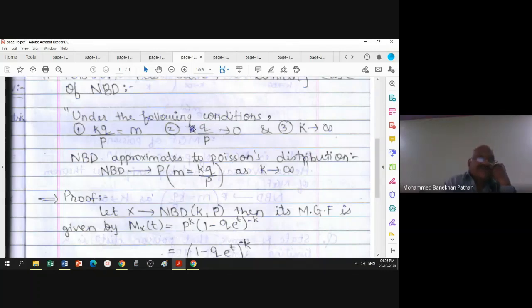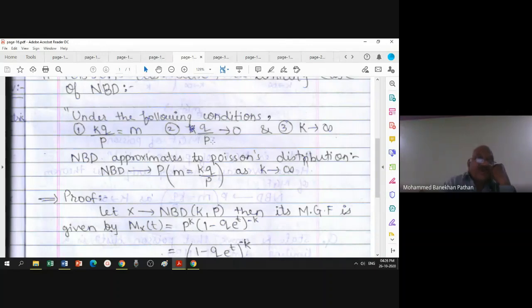So how to make a physical interpretation of this? p is nothing but the chance of success. q is the chance of failure. So if I want this ratio close to 0, in my random experiment, the chance of success should be larger.